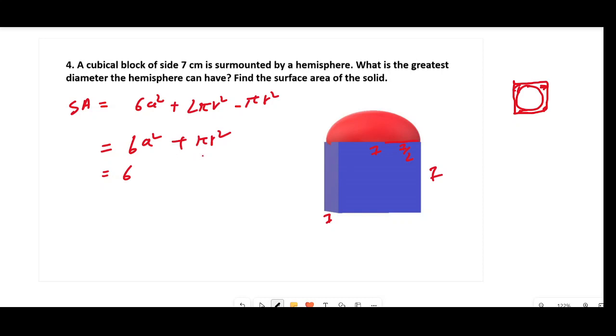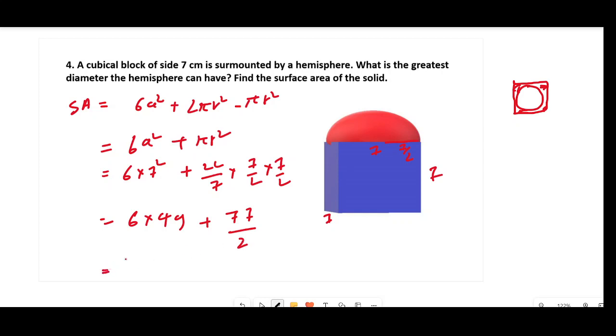6a square, a is given as 7, so 7 square, plus pi, 22 by 7, and this is 7 by 2 into 7 by 2. Now 6 into 49, and 7 7 cancel out, 2 2 is 11, 11 7s are 77, 77 by 2.